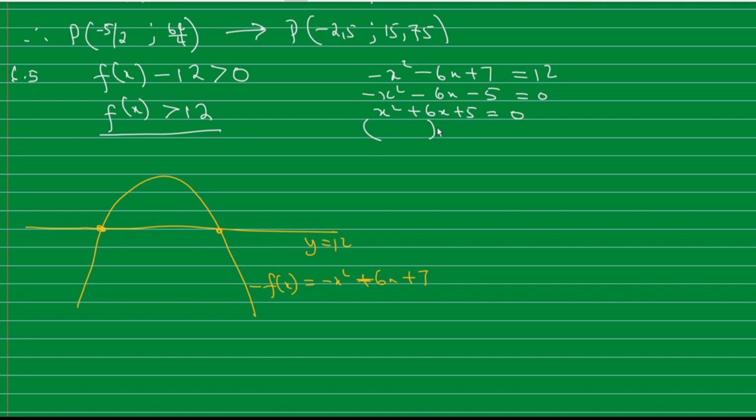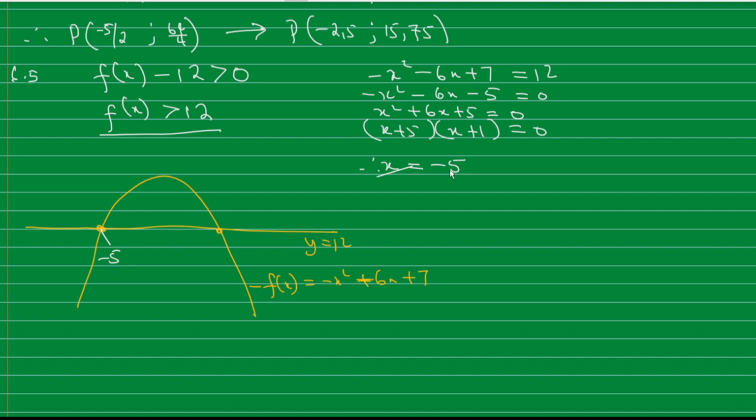And when we simplify that one, factorize, I'm going to get x plus 5, x plus 1. Okay, two numbers that multiply to give me 5 and add to give me 6. So I will have now x will be equal to negative 5, which is that negative 5 that we got here.